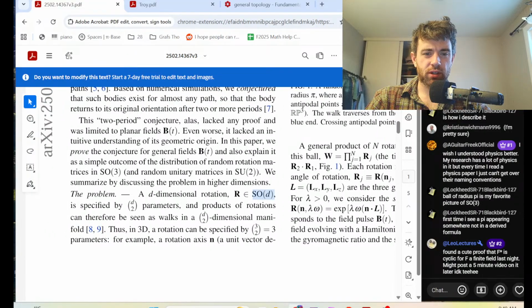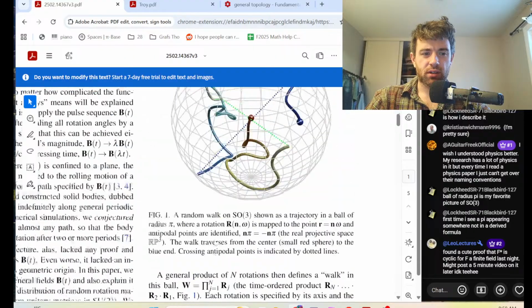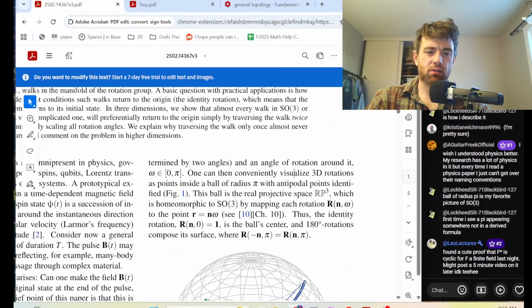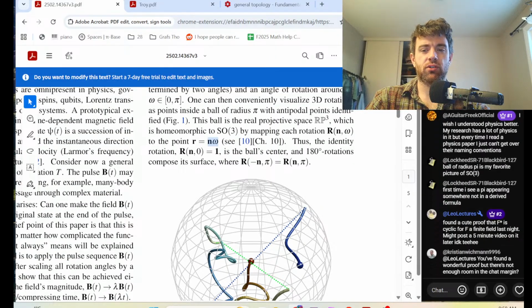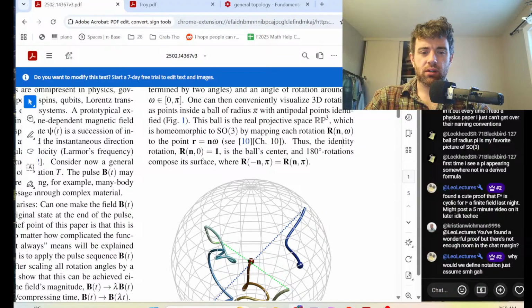Okay, R is in SO(D). Oh, n is the axis. I see. n is the axis and omega is the angle. Okay. So you send it to the point which is the axis times the angle.